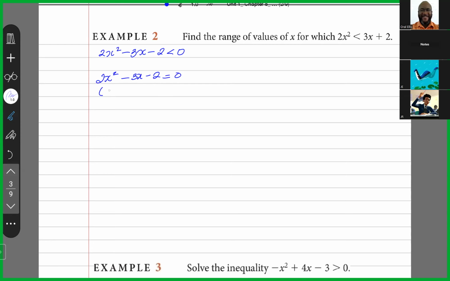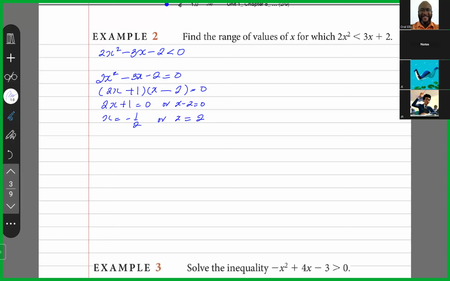Factorizing, we have 2x, x, 2, 1, this is negative, and here is positive, and this is equal to 0. So now 2x plus 1 is equal to 0, or x minus 2 is equal to 0. So x is equal to minus a half, or x is equal to 2.